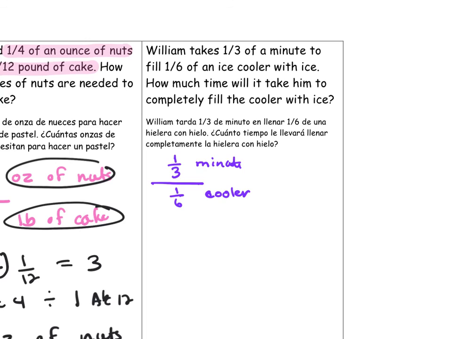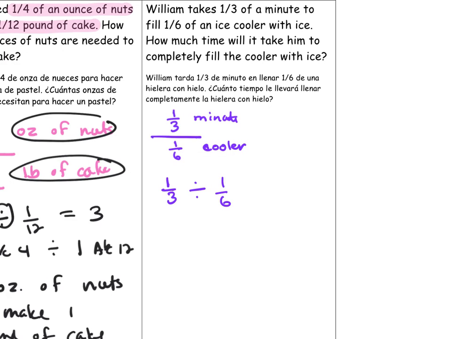So now what would be the next step? If you said 1/3 divided by 1/6, you are correct. So please pause this, use your calculator, and state the answer. This is 2.